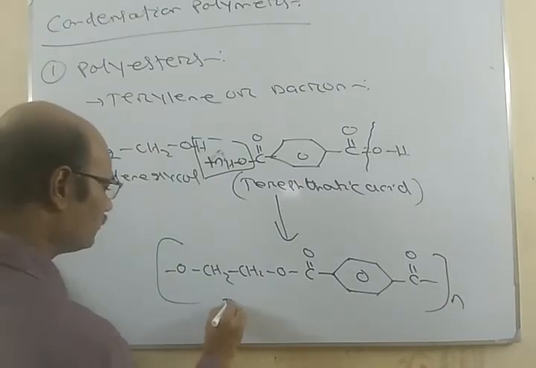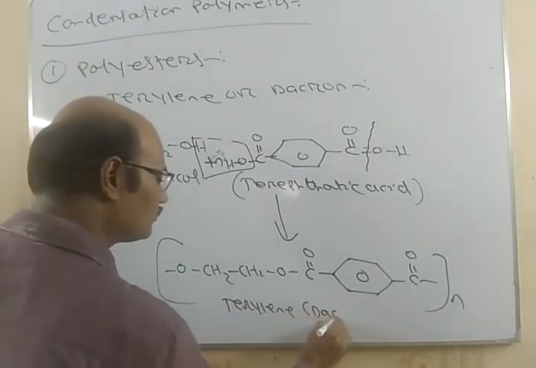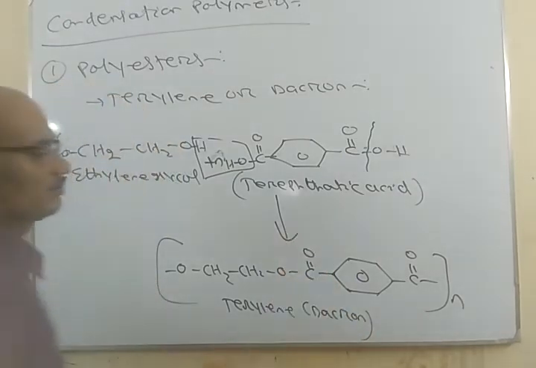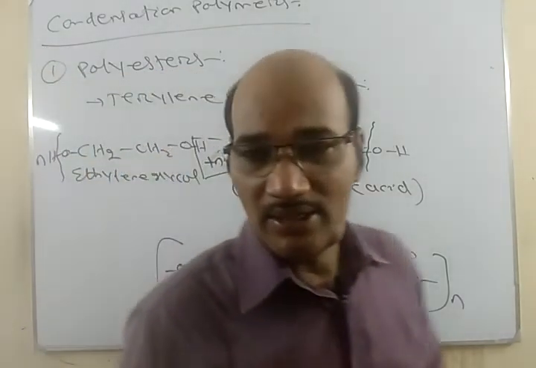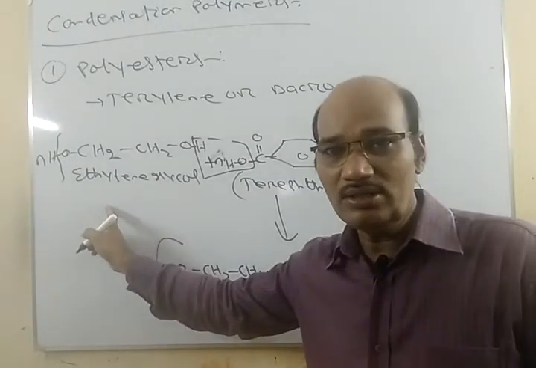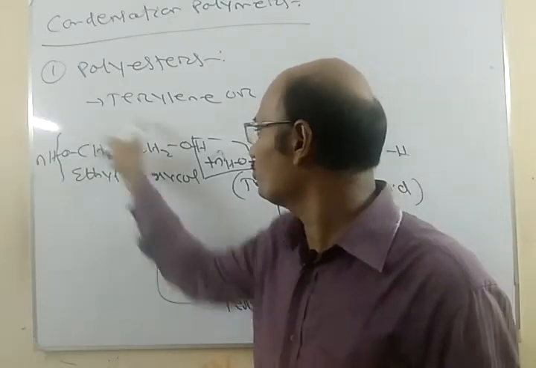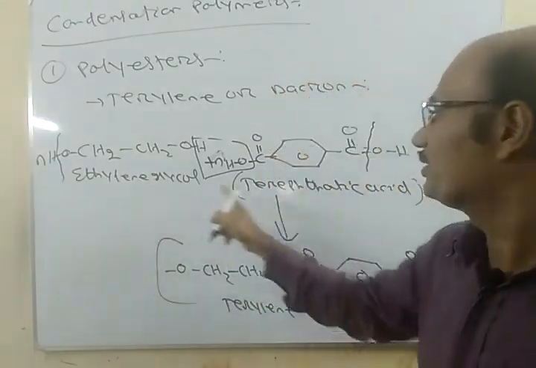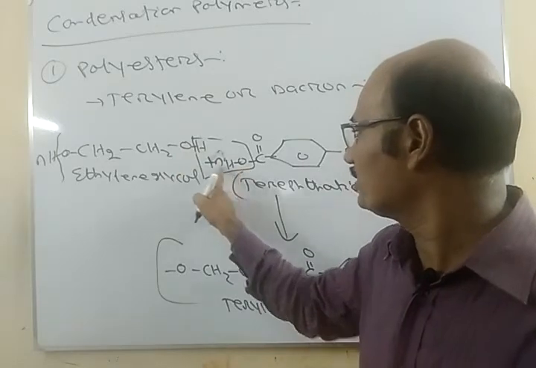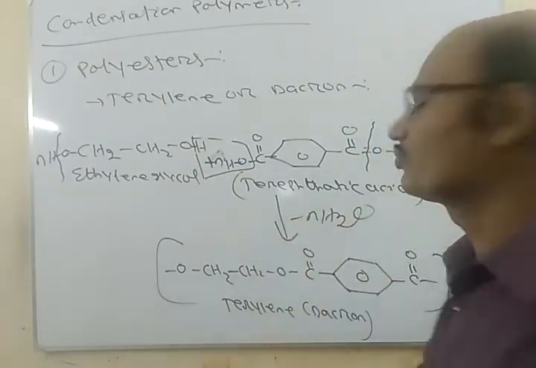This is called terylene or Dacron. So terylene or Dacron is the polymer of what? Ethylene glycol and terephthalic acid. Here you see this is the ethylene glycol molecule and this is the terephthalic acid. Now here H and OH are removed.